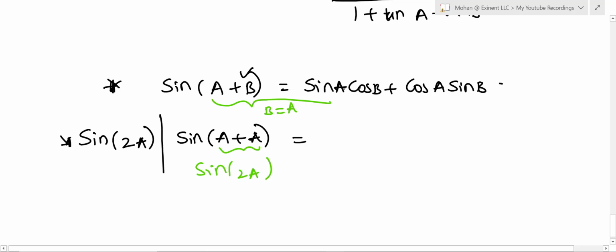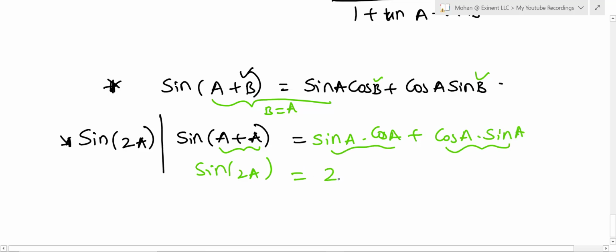If you replace B with A, sine A into cos A plus, here B with A, cos A into sine A. Cos A sine A, sine A cos A. So that will become 2 sine A into cos A, because both are equal, right? See? So that is how the sine 2A formula becomes 2 sine A cos A.